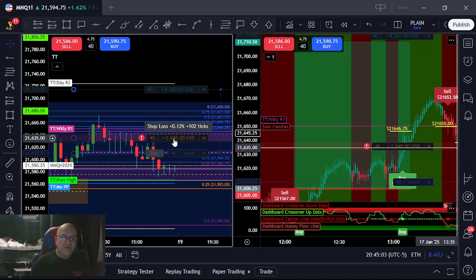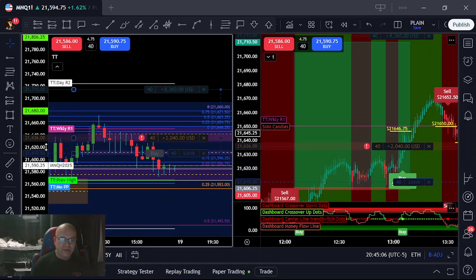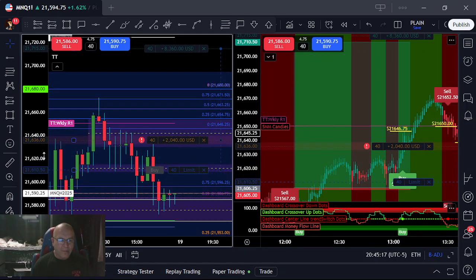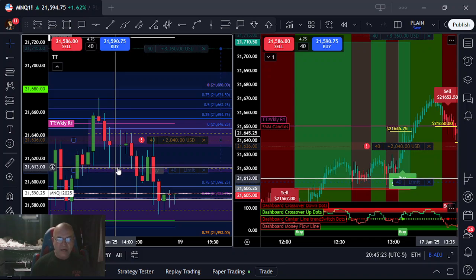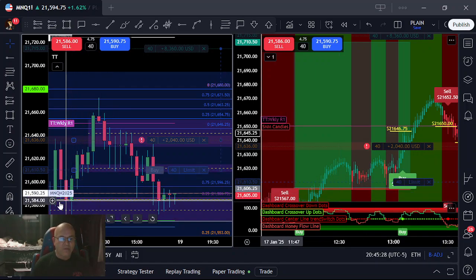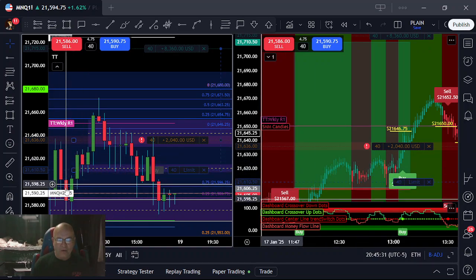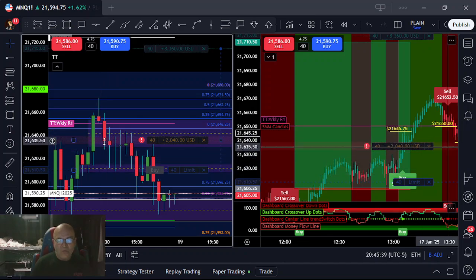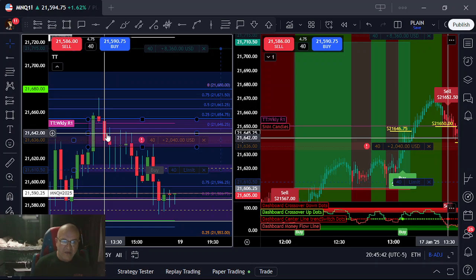Okay. As soon as that happened, I decided to go short. And at this moment, I'm not looking for a very big trade because we're bullish on everything. We're bullish on the 15 minute. We're bullish on the 1 hour. We're bullish on the 4 hour. I'm not looking for a very big trade, but we did close below the midline of this fair value gap.